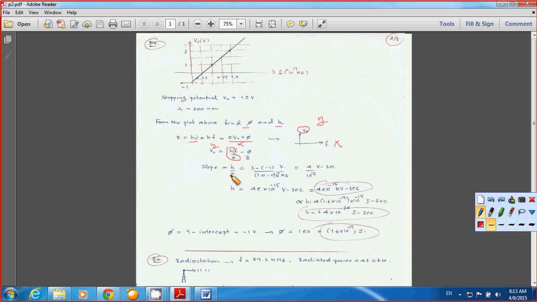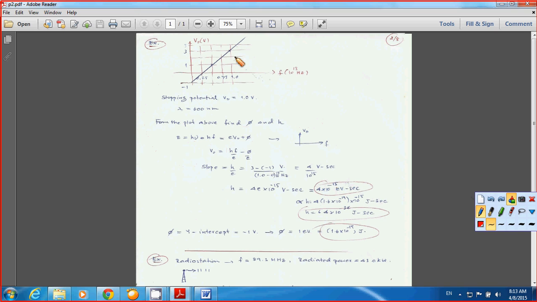The electron charge, right? 1.6 × 10^-19. And now from the plot, this will give you the slope. That's what I have right here. I pick up the triangle here.